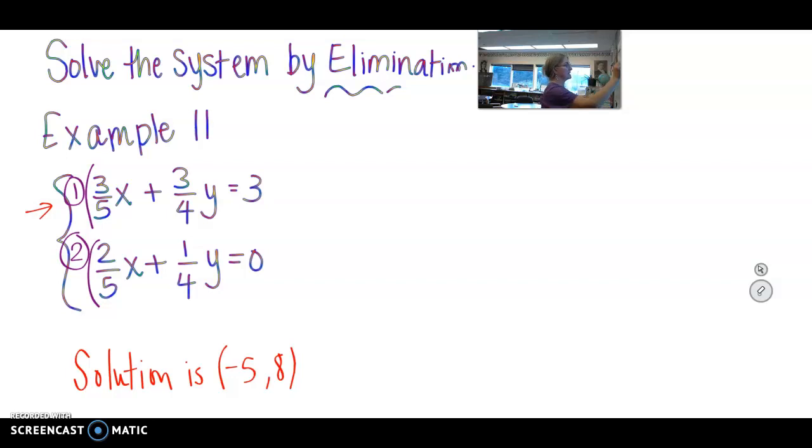So let's test it in 1. We're going to check to see if negative 5, 8, when I put in negative 5 for x and 8 for y, will give me 3. So you get 3/5 times negative 5 over 1 plus 3/4, and I'm making it negative 5 over 1 because it's being multiplied by a fraction.